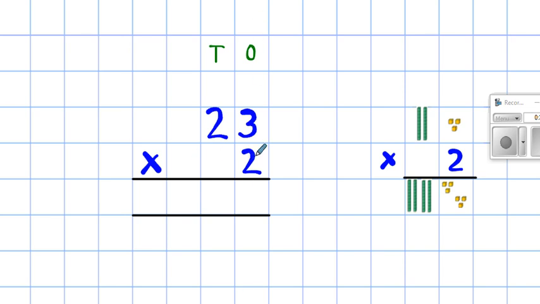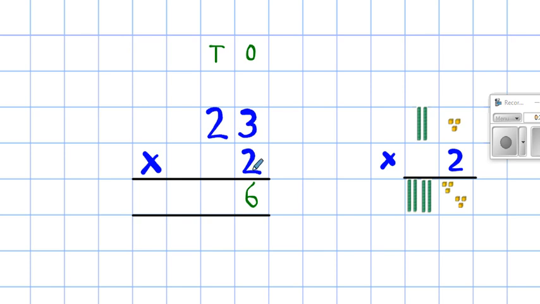I'm going to start with the ones column here. 2 times 3 is 6. And now I'm moving into my tens. And what I'm doing here is 2 times 20. That's what I'm really doing, because this 2 here represents 20, 2 tens.